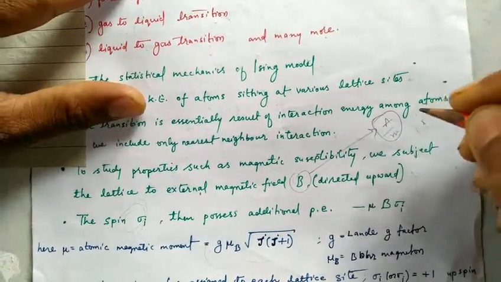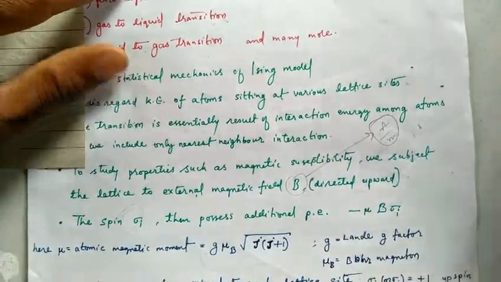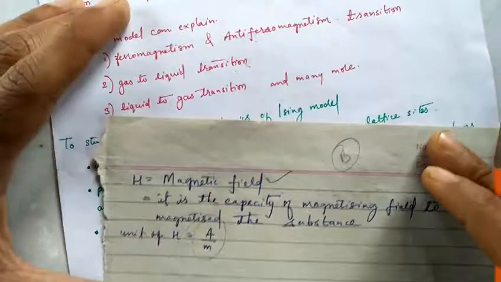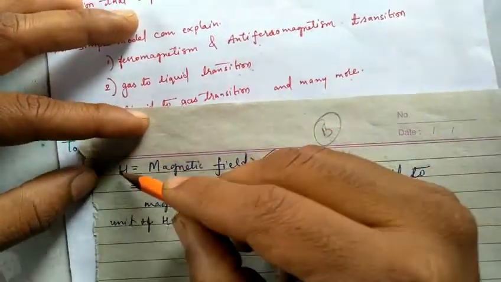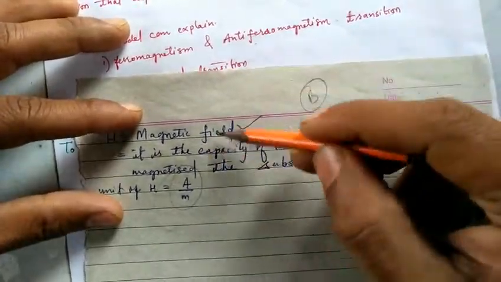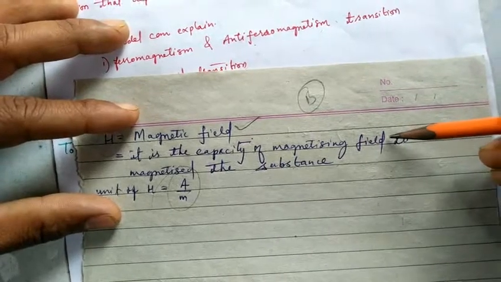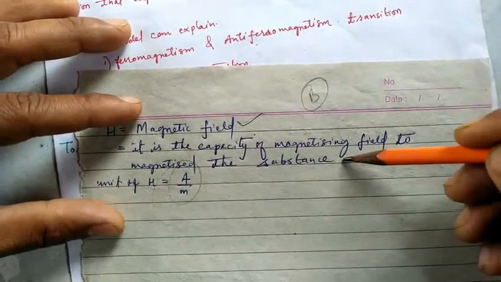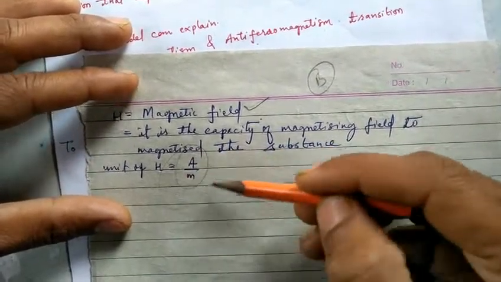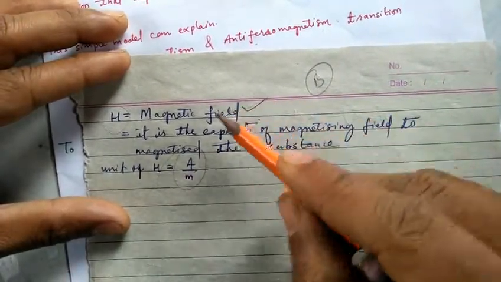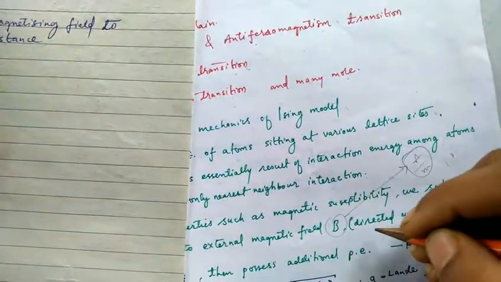Sometimes the magnetic field is also denoted by H. So what is the magnetic field? It is the capacity of the magnetizing field to magnetize the substance. Its unit is ampere per meter. So what we have used here is the magnetic field, not the magnetic induction.